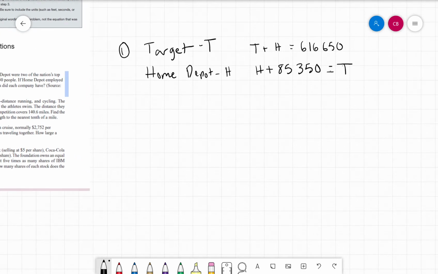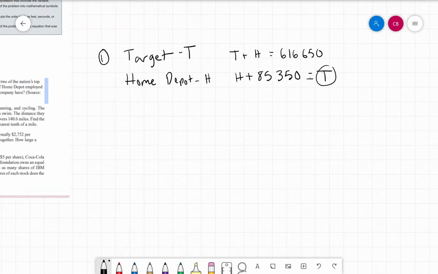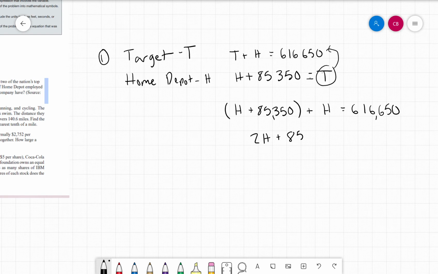Now, we can replace this T value into here to figure out what H is. So let's do that. T, which is H plus 85,350, plus H is equal to 616,650. Okay, so then from here we have 2H plus 85,350 is 616,650.